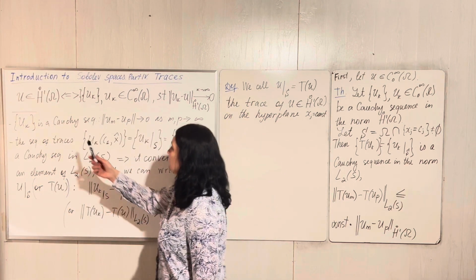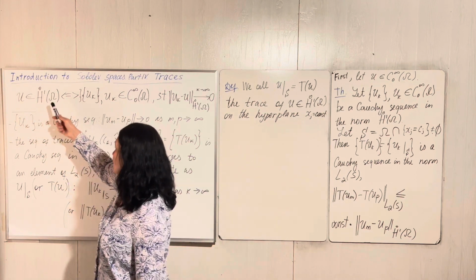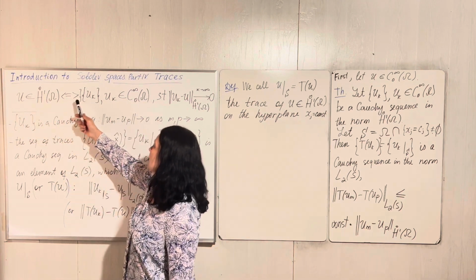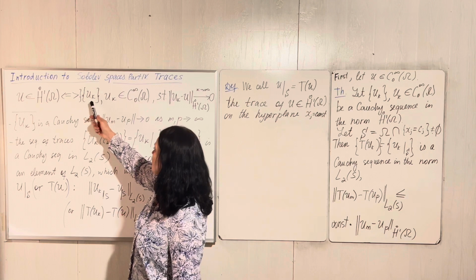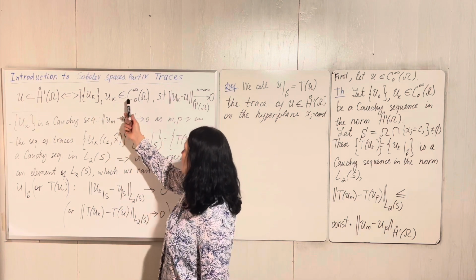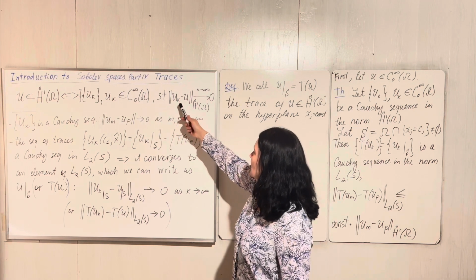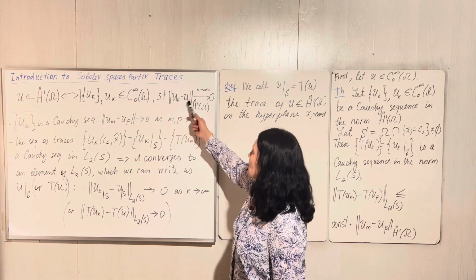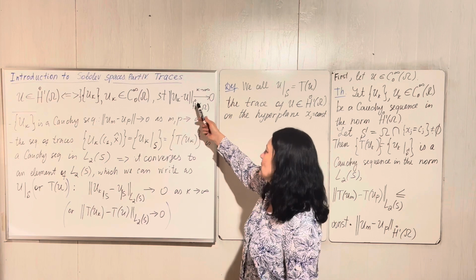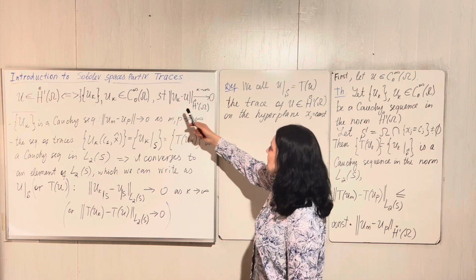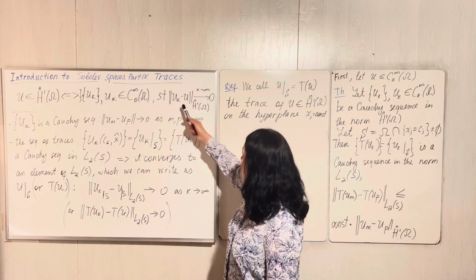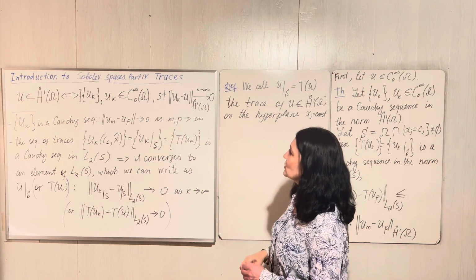We say that u belongs to H1 0 on omega. It means that there exists a sequence of functions uk from C0 infinity such that in the norm of H1, or H1 0, the equivalent, this norm goes to 0 as k goes to infinity.